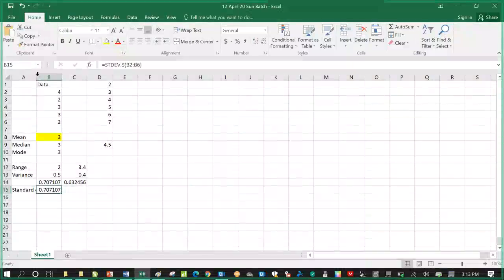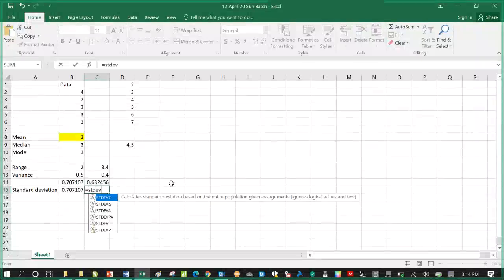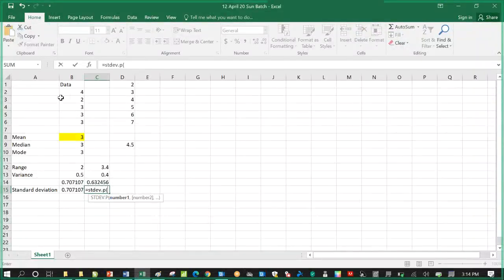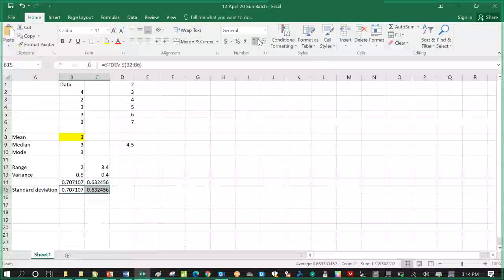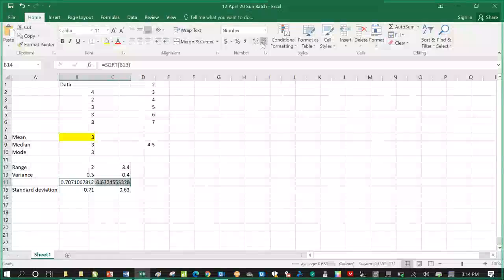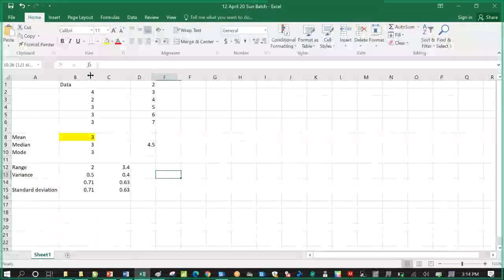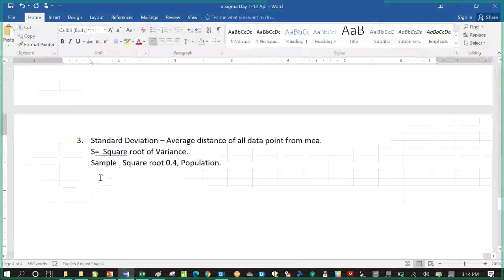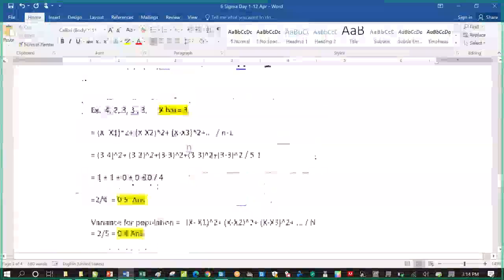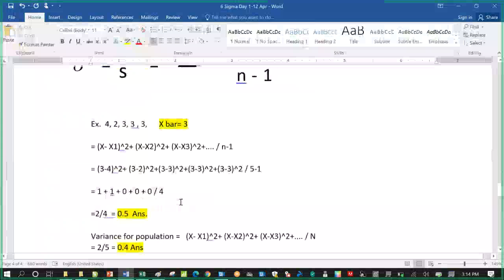That's the answer you have. And similarly for population, STDEV dot P. You select the data, close it, enter. So this is your standard deviation. If you know how to calculate variance, standard deviation is similar, you just have to put a square root and the answer is there.